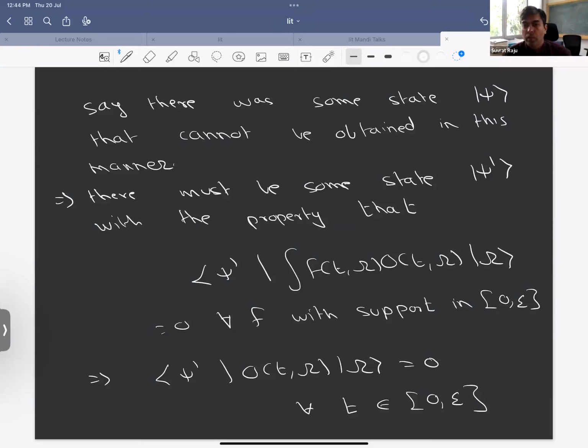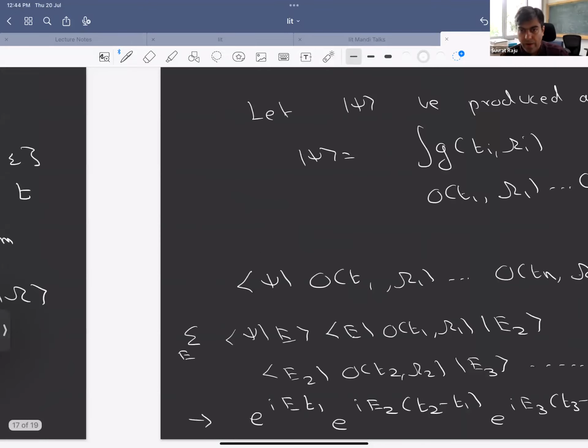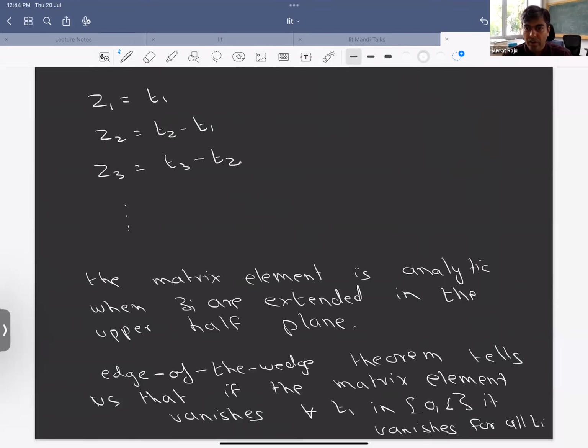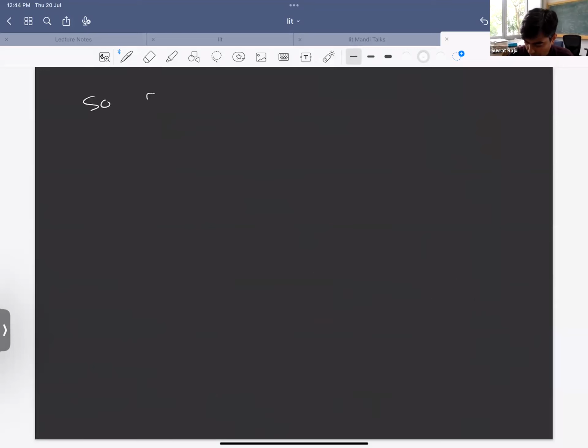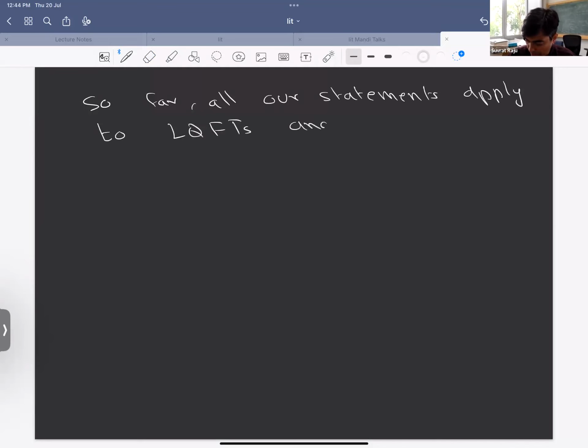Okay, good. So now let me say something about gravity. So far, all our statements apply to LQFTs and to gravity.